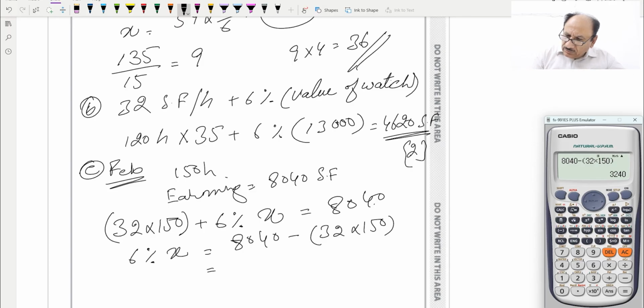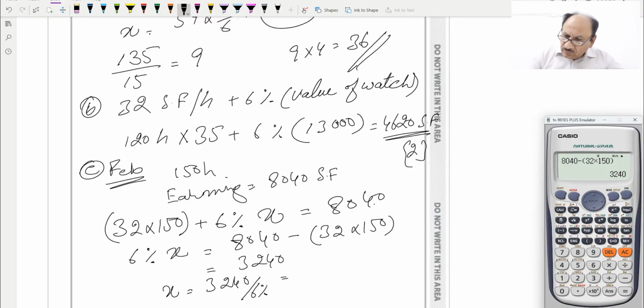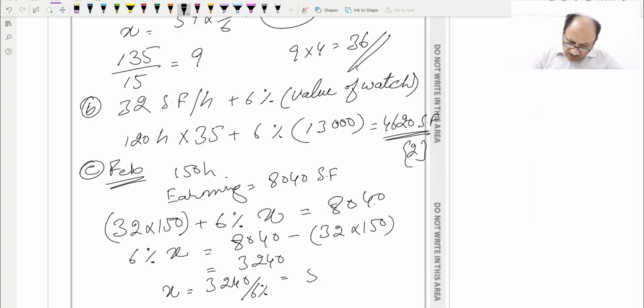This results in 3240, and x will be equal to 3240 divided by 6%, and this one we can divide by 6, and this is the percentage, equal to 54000.